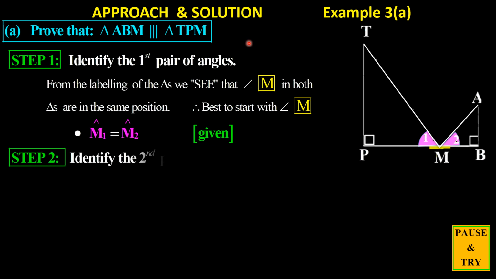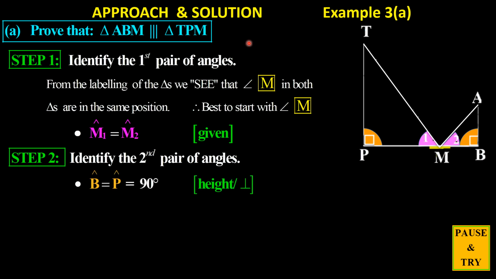Now we need to identify a second pair of angles, and if we look at our given information, we see angle B is equal to angle P, and why are they equal? They're both right angles. It was actually given as well. That was a vertical pole, and the boy was standing up straight.